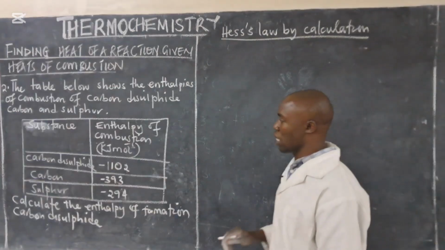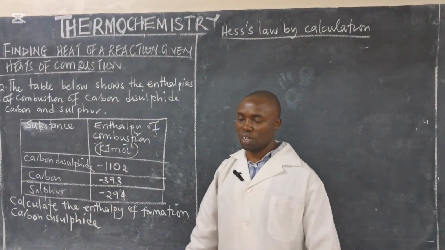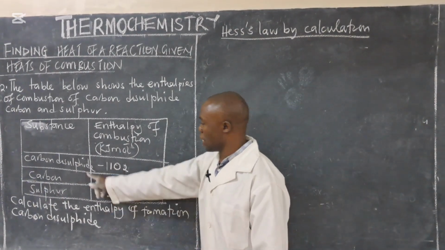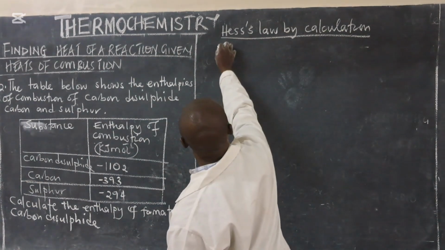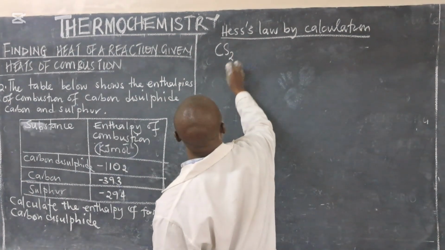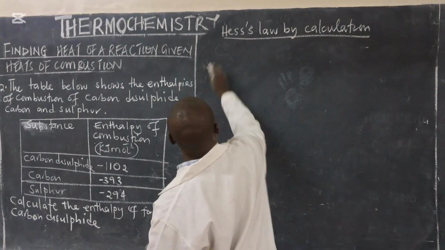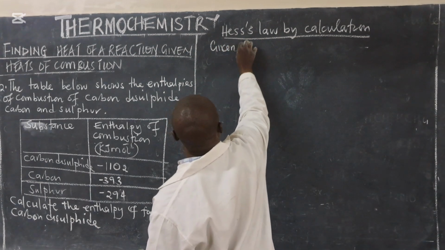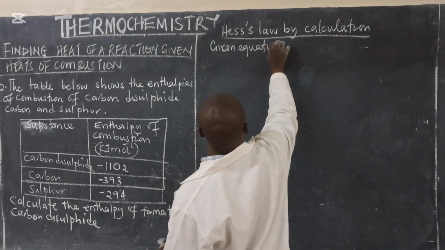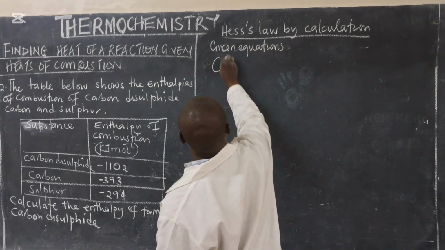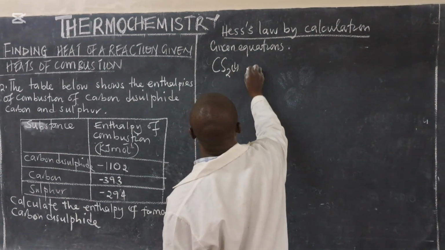So under this method, we have to write all these equations. So we can look at burning carbon disulfide. Given equations. So we have carbon disulfide is a liquid, burn it.